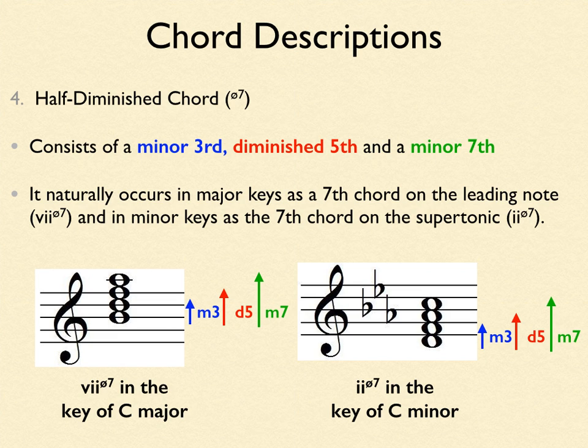Is the distance between the top note and the bottom note a diminished interval? If it is, then chances are it's going to be a fully diminished chord. If the distance between that bottom note and the top note is a minor interval, for example, then it's going to be a half diminished chord. Okay, so just something to bear in mind.